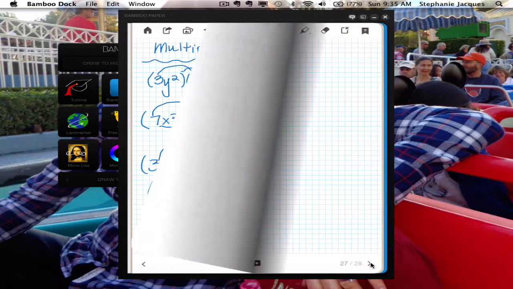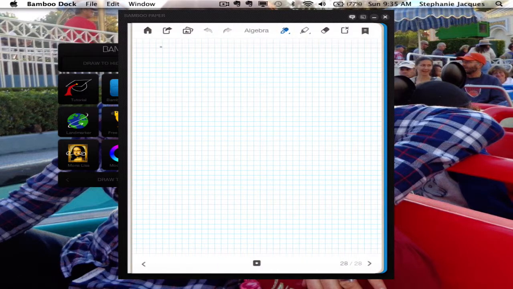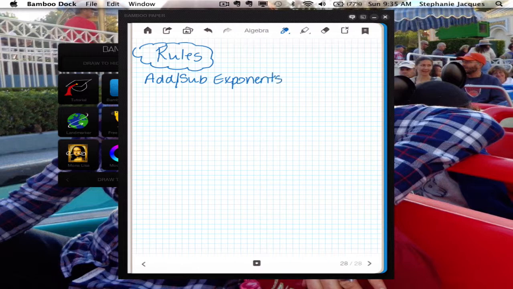So let's go over the rules. So our rules that we've learned so far. When adding or subtracting exponents, you keep your exponent value the same.